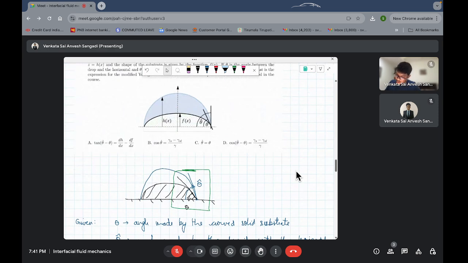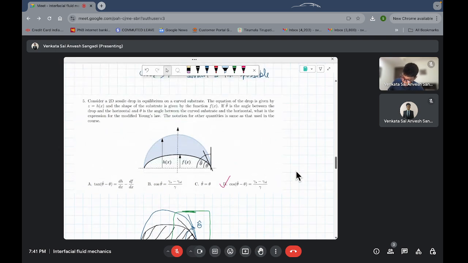Therefore, the correct option here is D: cos of theta cap minus theta is equal to gamma solid gas minus gamma solid liquid divided by gamma.